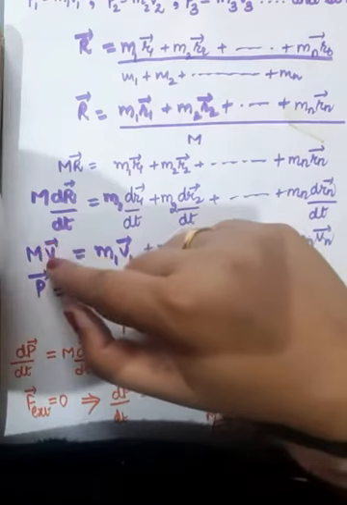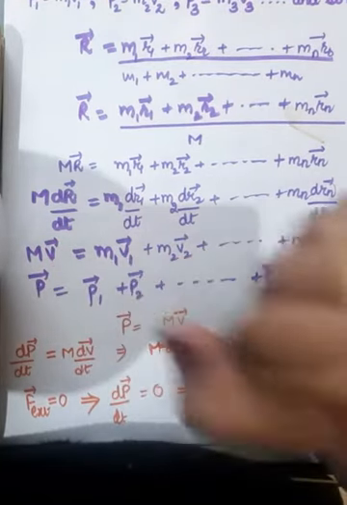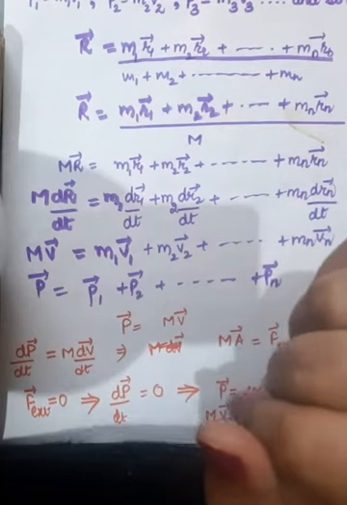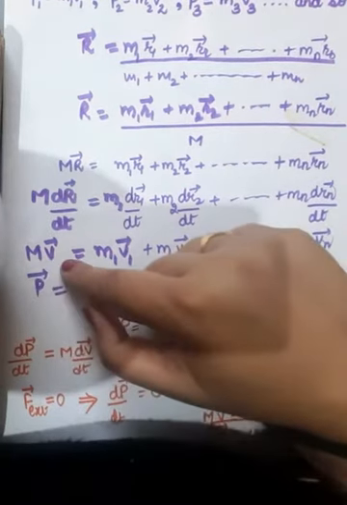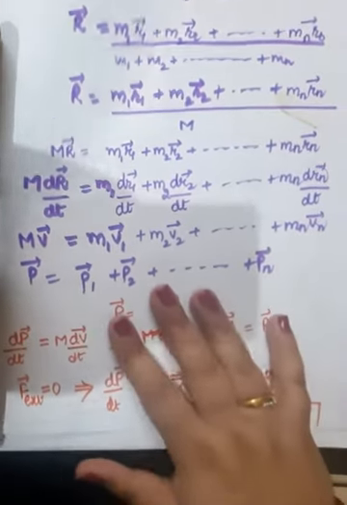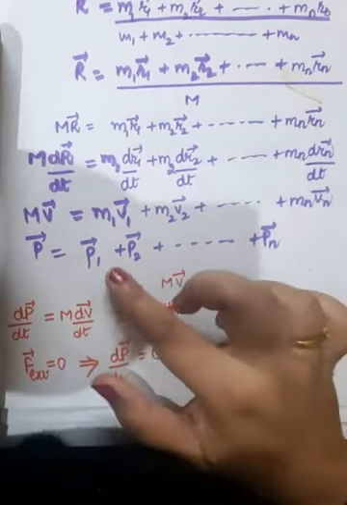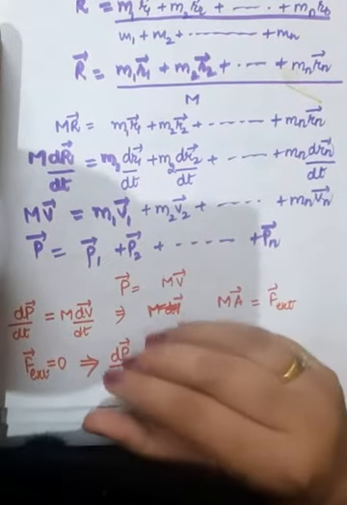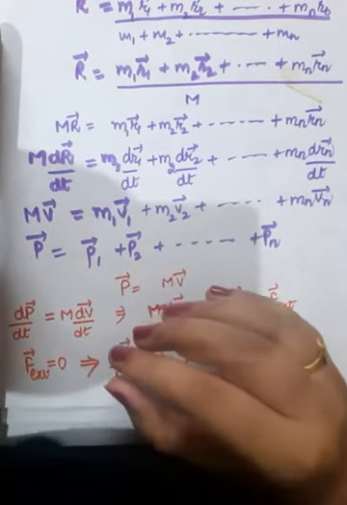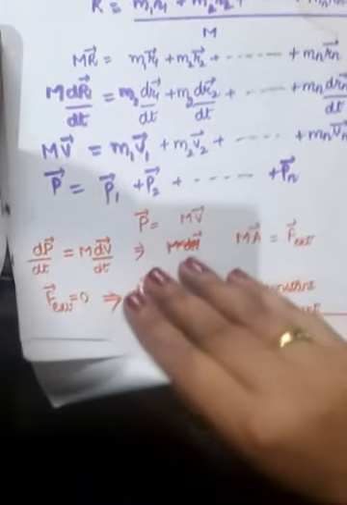So this becomes velocity of center of mass, and these are the velocities of individual particles, okay? And mass into velocity is nothing but linear momentum. So we have written linear momentum of center of mass is equal to the vector sum of linear momenta of all the particles.